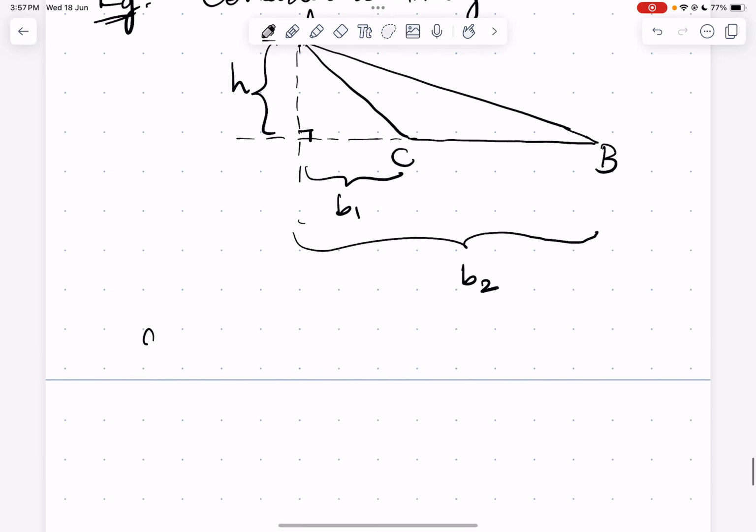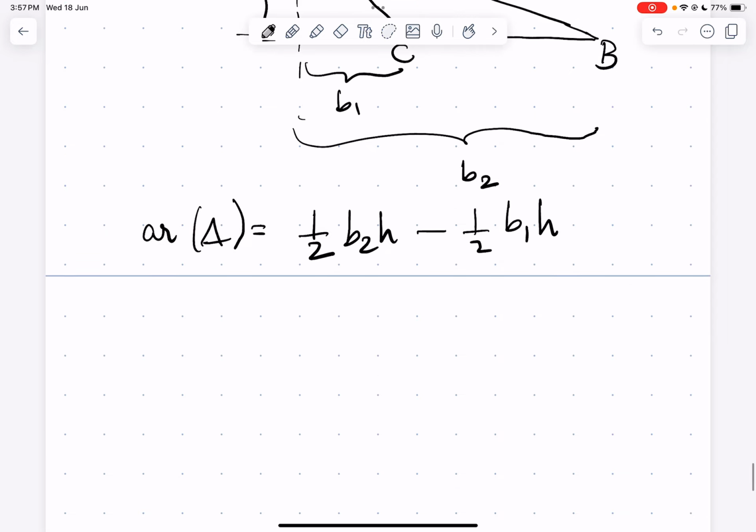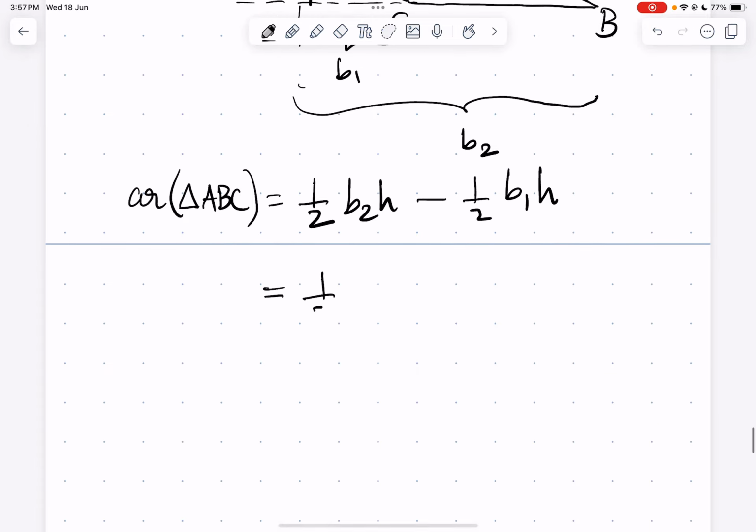Then the area of the triangle is the area of the big right angle triangle, which is half B2H, minus the area of the small right angle triangle, half B1H. This is the area of the triangle ABC. Alright, area of triangle ABC is equal to half B2H minus half B1H, which is equal to half (B2 minus B1)H.